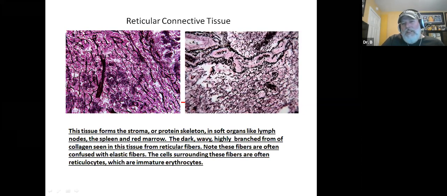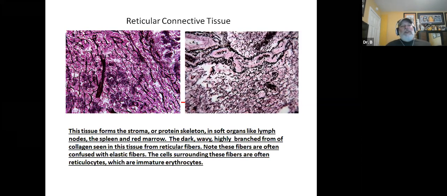Now, this one over here is a little harder to see the reticulocytes. They just didn't stain as well, but you can still see the density of the reticular fibers and how they branch like branches on a tree, woven through this tissue. And again, think of reticular fibers as 2x4s.